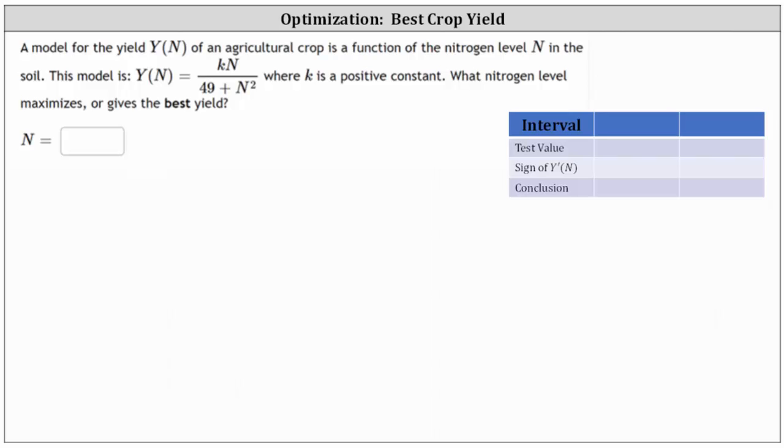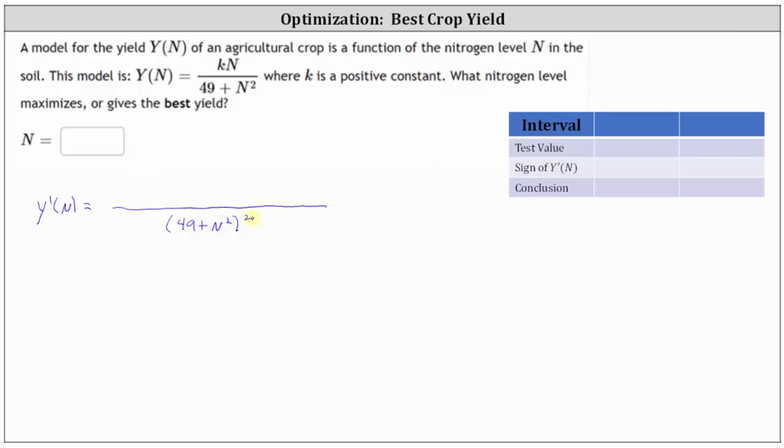To maximize Y(n), we'll need to determine the critical numbers, which is where the first derivative is equal to 0 or undefined. To determine Y prime of n, we will have to apply the quotient rule. For the derivative of Y(n), the denominator is equal to the square of the denominator of Y(n), which gives us the square of 49 plus n squared.